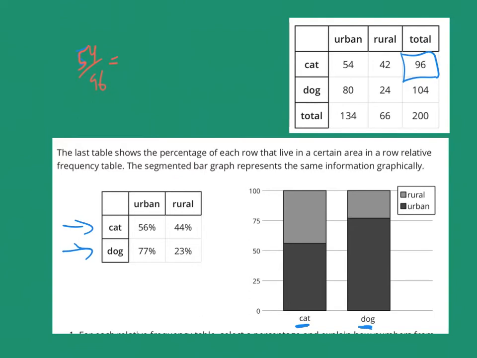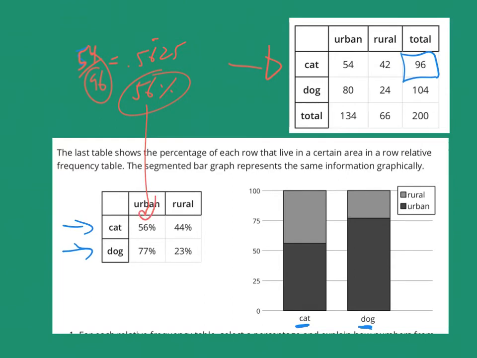So now I'm looking at this denominator, and I want to draw attention to this. 96 represents the total of cat owners. So out of the cat owners, 54 of the cat owners live in the urban setting, which is about 0.5625. Rounding to the nearest hundredth, I'm going to go to 56%. That's where that 56% comes from.